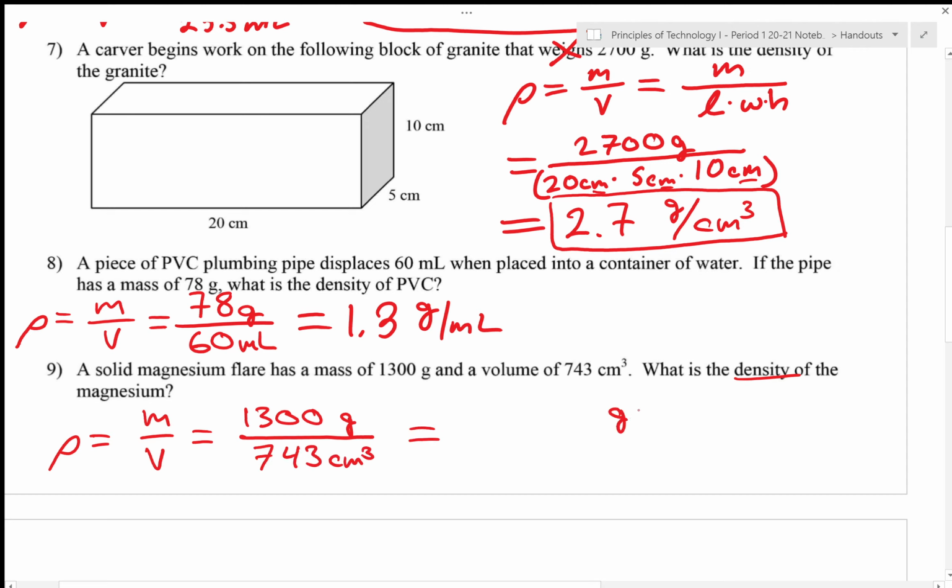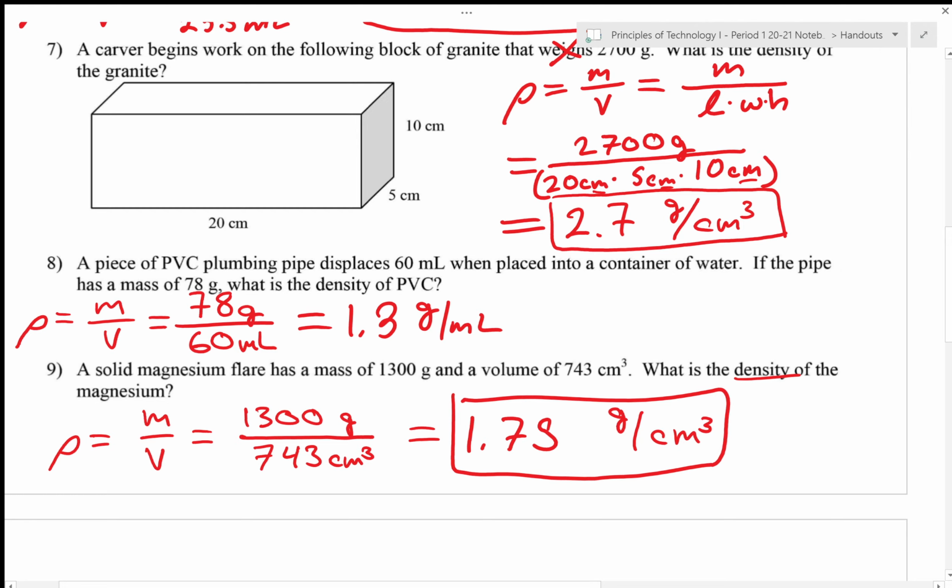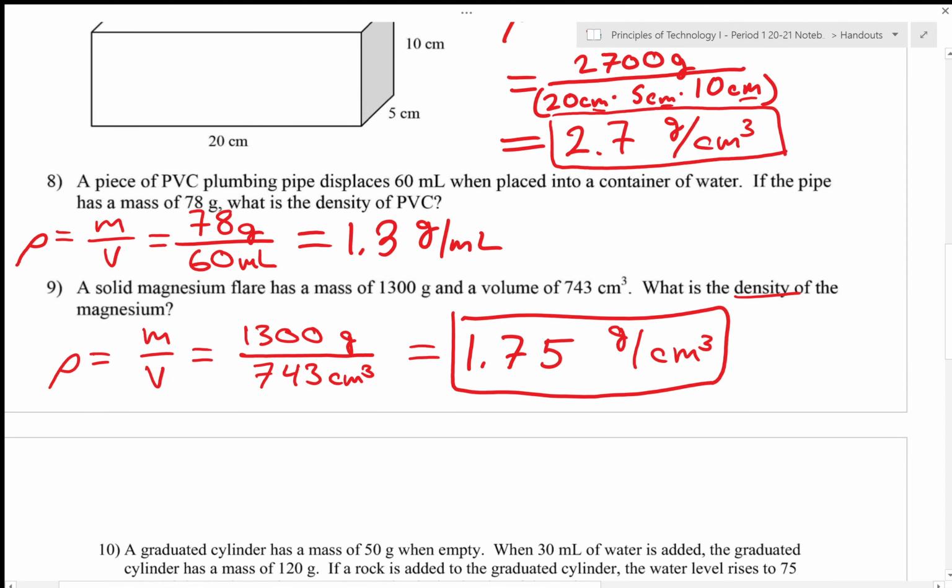So our answer is going to be in grams per cubic centimeter, and 1,300 divided by 743 is going to give us 1.75 grams per cubic centimeter. Moving on to page 2.